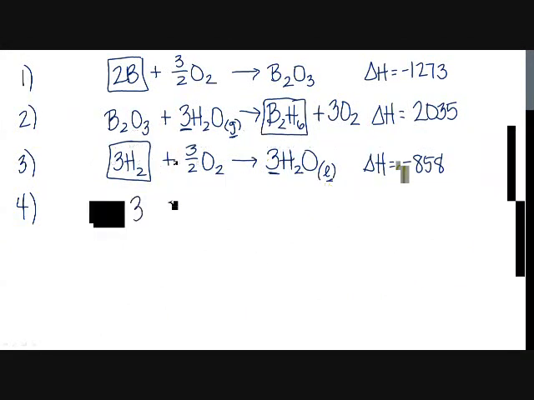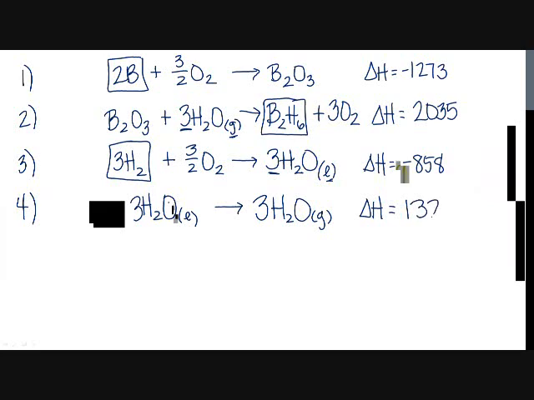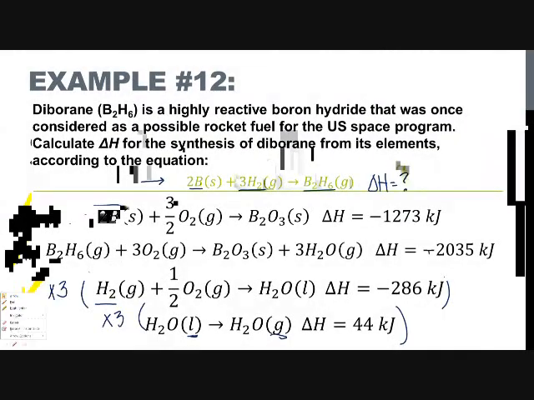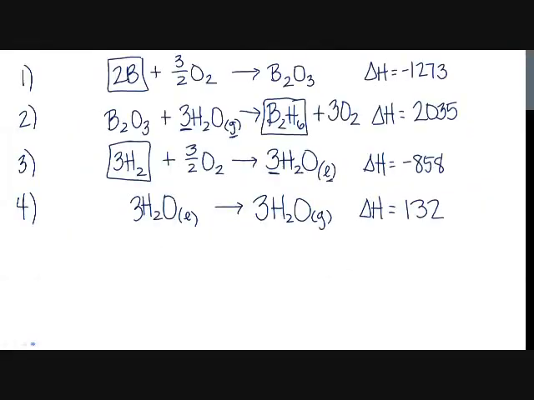So we'll have 3 H2O liquid turn into 3 H2O gas. And then the delta H, it was 44 times 3, 132 kilojoules. All right. So now we've touched all 4 reactions, so theoretically things will work out when we add things together.